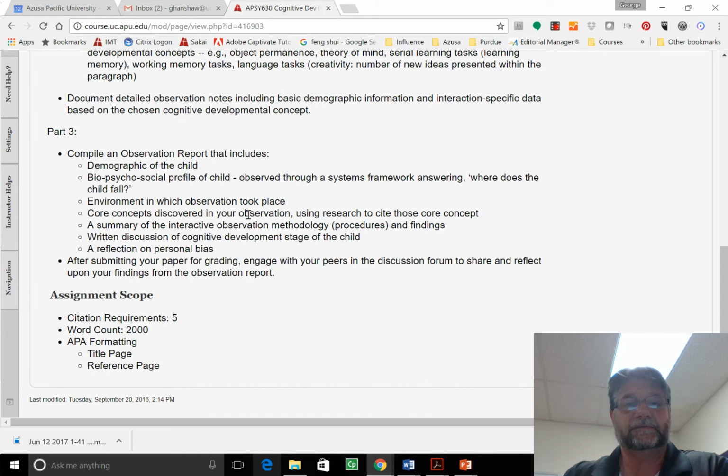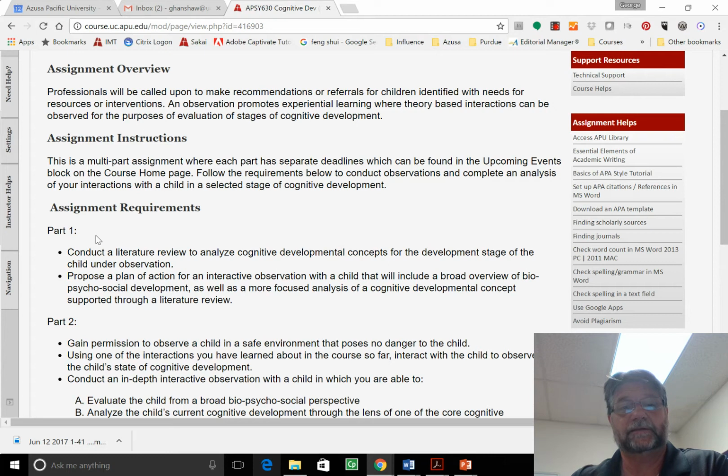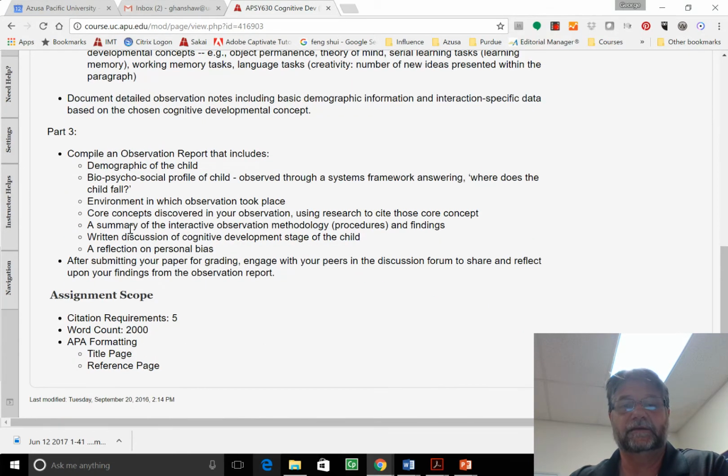The core concepts discovered in your observation, using research to cite these core concepts. Hopefully, what a lot of you found was that a lot circled back to this literature review that you did. Because if your literature review does cover it, then you can just state that down here. I found this, and this was evident through, and then you could use the same sourcing that you did in your literature review.